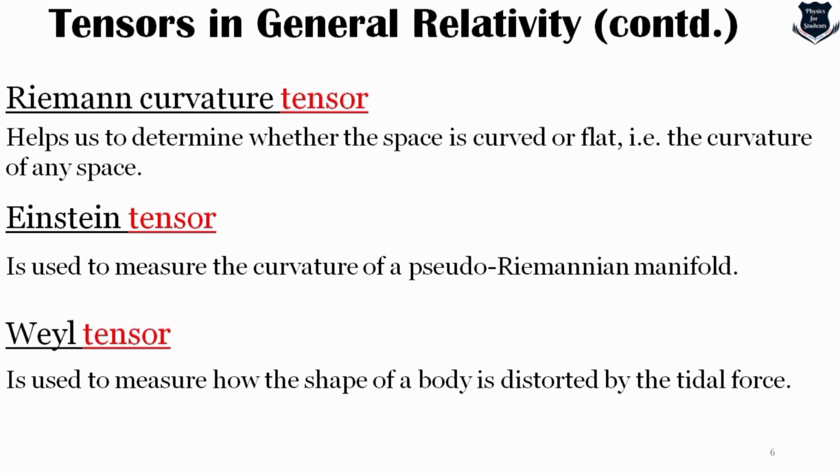Like the Riemann curvature tensor, the Weyl tensor expresses the tidal force that a body feels when it moves along a geodesic. The Weyl tensor differs from the Riemann curvature tensor in that it doesn't convey the information on how the volume of a body changes, but rather only how the shape of the body is distorted by the tidal force.